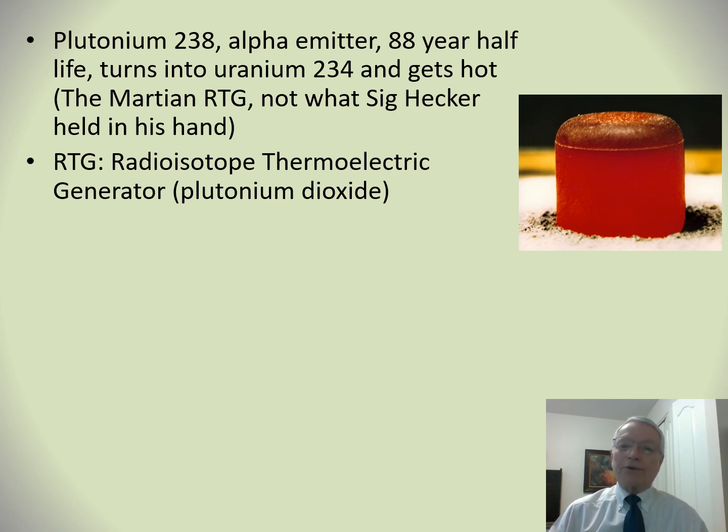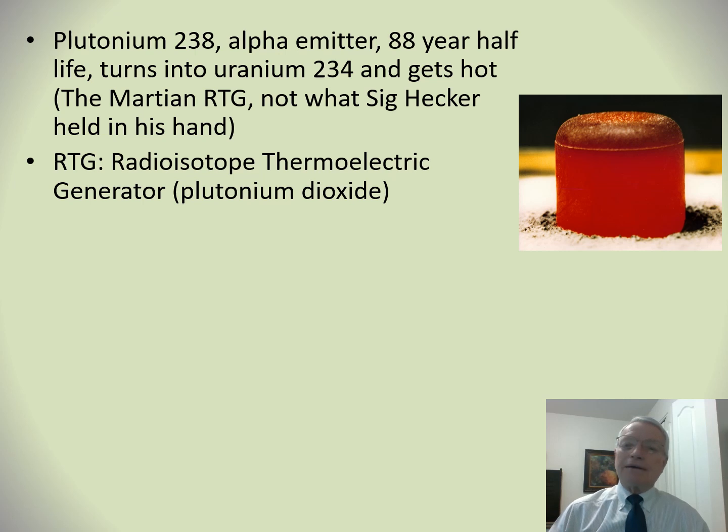This is an actual photograph of a little button of plutonium. It's actually plutonium dioxide, which is kind of like a crystal, like salt, sort of. And it's much more stable to handle. Doesn't get spread around as much as the metal does. And so this is the form usually used in an RTG, which is a radioisotope thermoelectric generator.